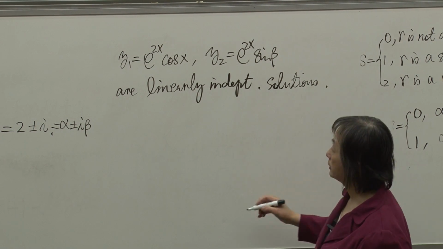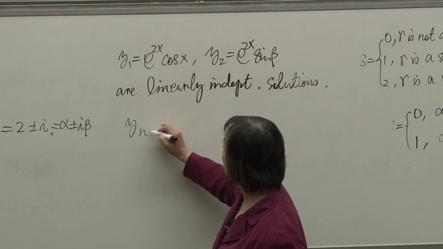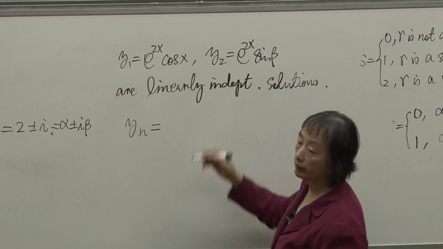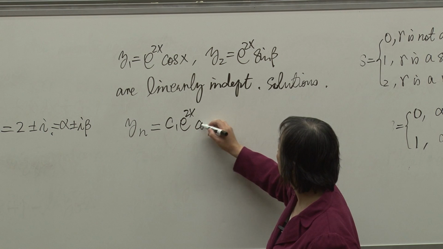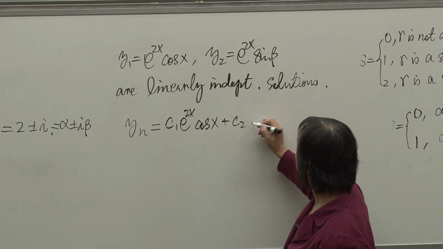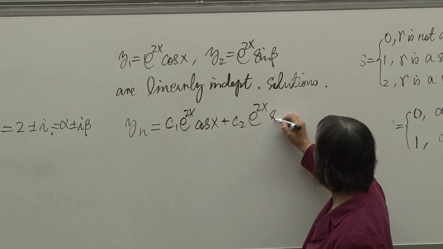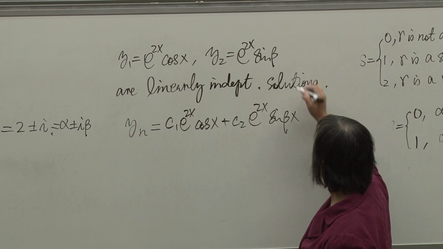Then in the first step, yH is C1 y1 plus C2 y2, or C1 e to 2x cosine x plus C2 e to 2x sine of beta x.